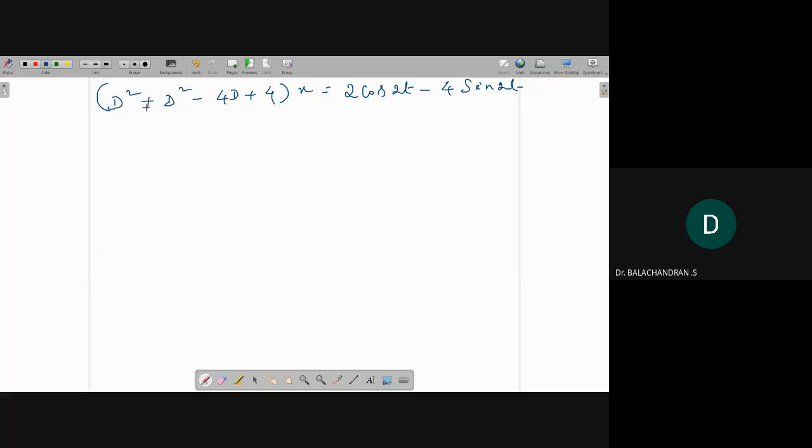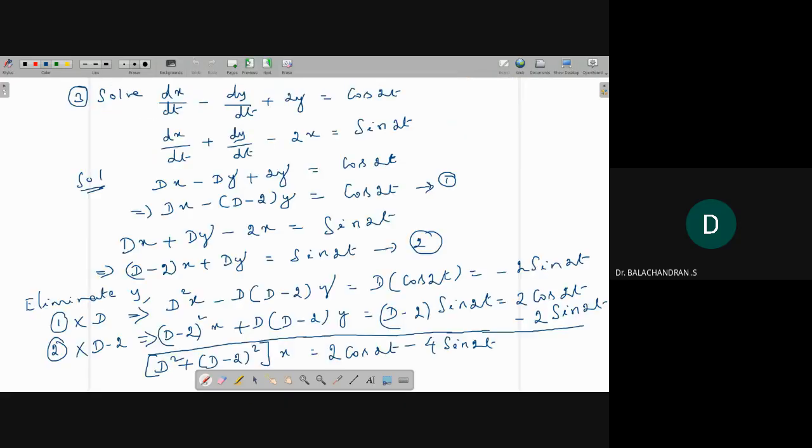Here you have 2D square, so 2D square by 2 is D square minus 2D plus 2, into x, equal to cos 2t minus 2 sine 2t. This is equation number 3.